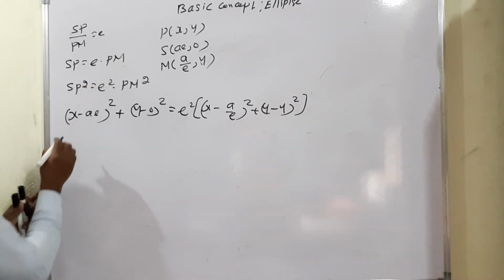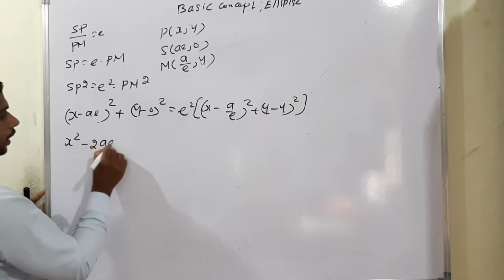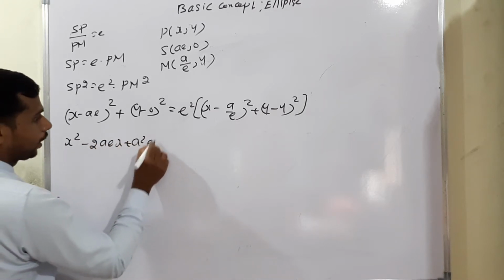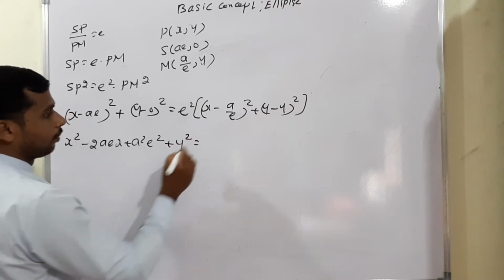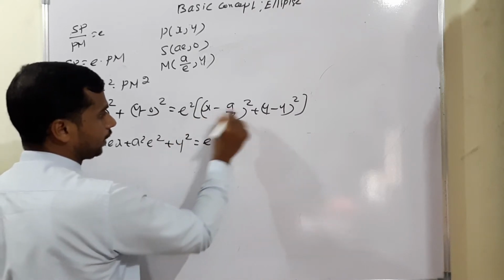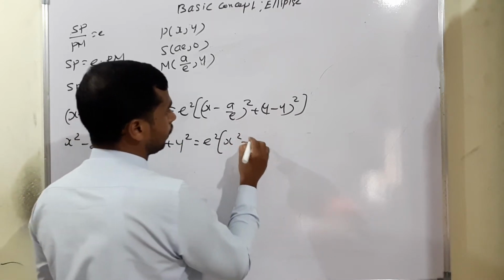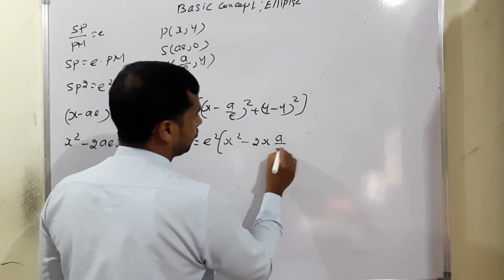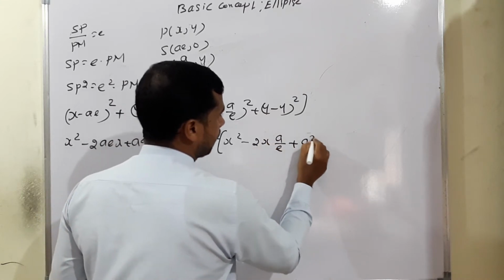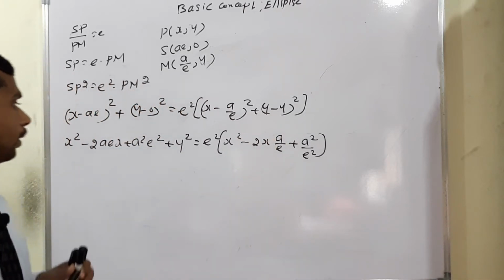So now x square minus 2aex plus a square e square, plus y minus 0 means only y square will come. Then e square outside. Again a minus b means x square minus 2x into a by e plus a square divided by e square. Second time y minus y means 0 will come.